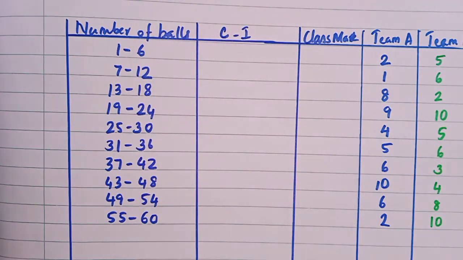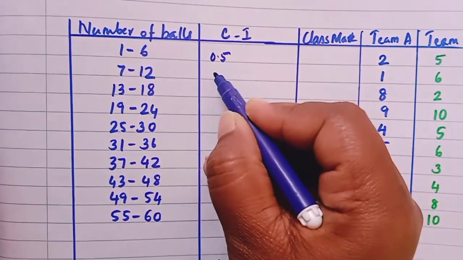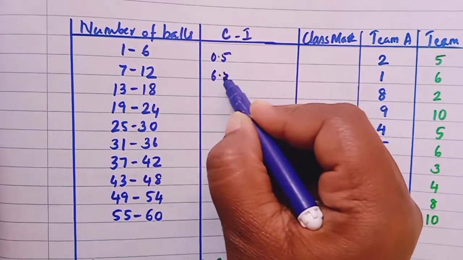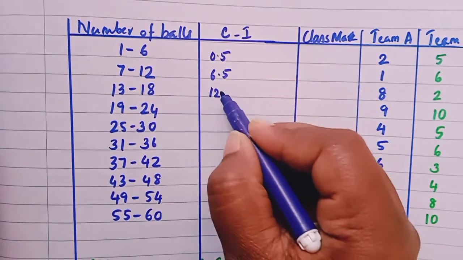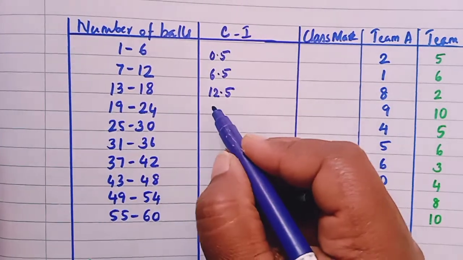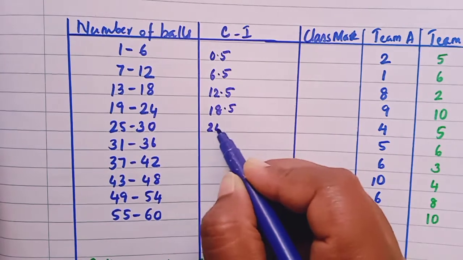So now you can see in the first one you have 1 to 6. In 1 to 6 you are going to subtract the 0.5 for all the lower limits. So for 1 minus 0.5, everywhere start reducing 0.5 for the lower limits. And already you know what the lower limit is.